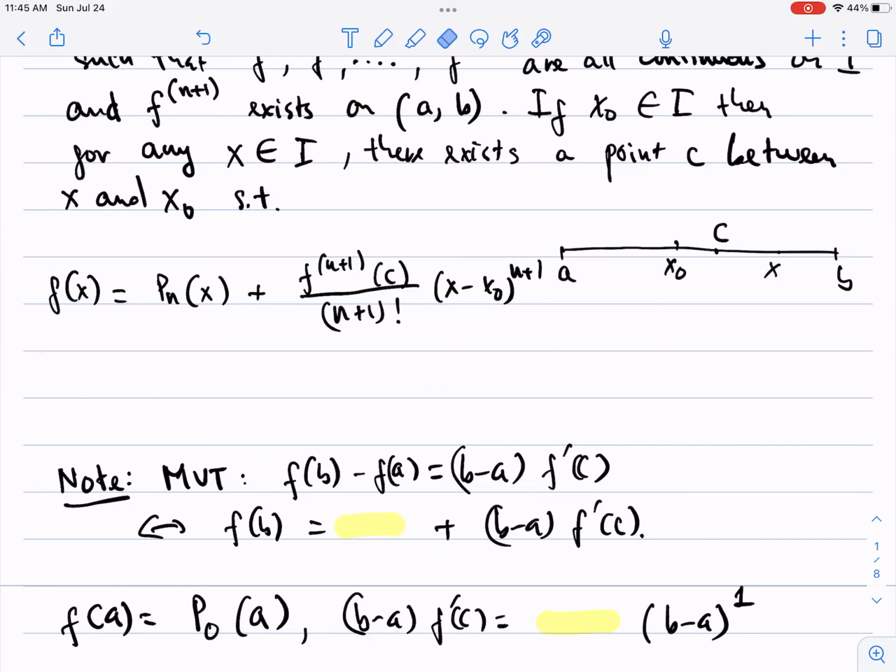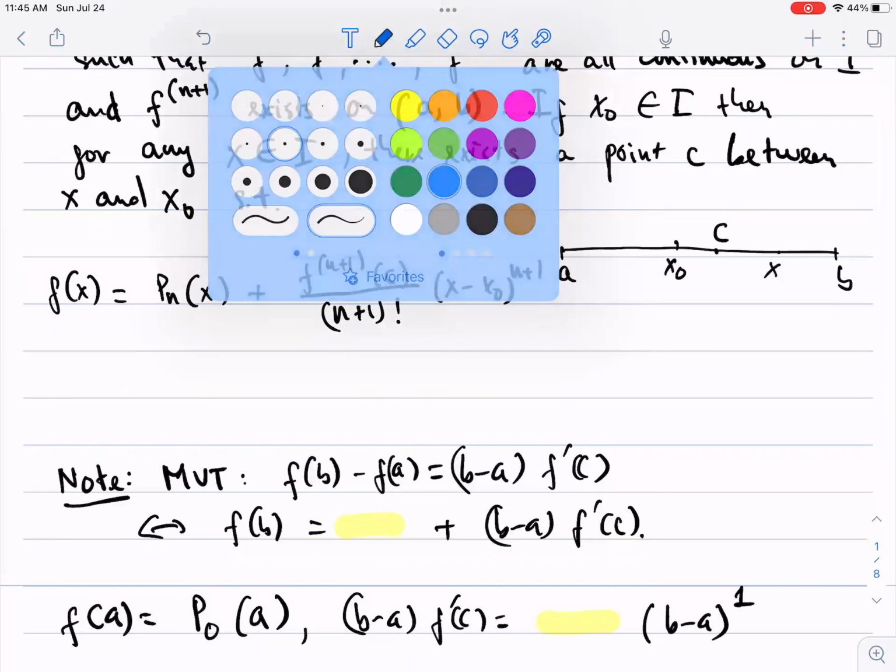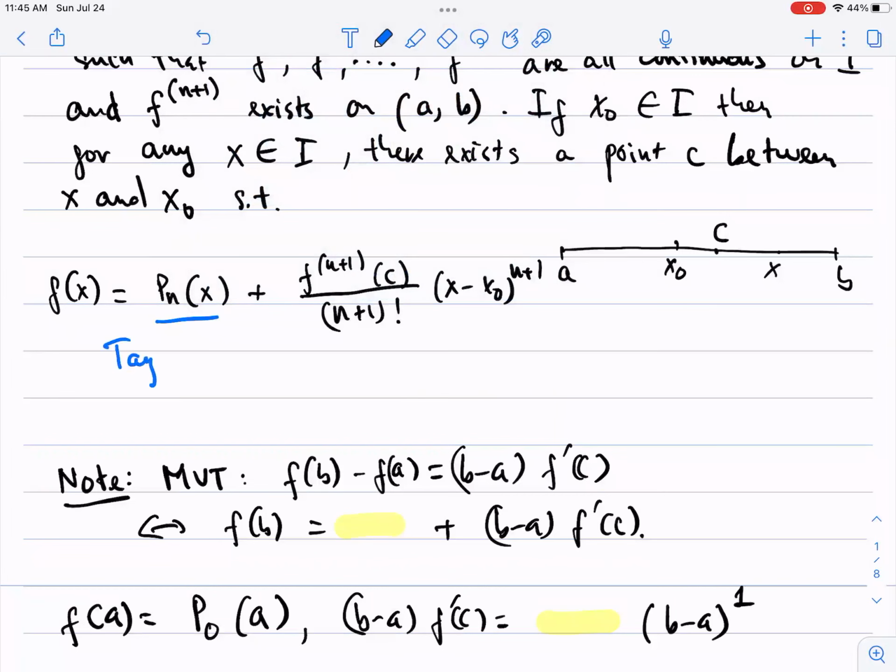So in this case, here you have the Taylor polynomial of degree n, and the difference between the function and the Taylor polynomial of degree n is an expression that is precisely determined. So this is the remainder term. Sometimes it's also called the error.